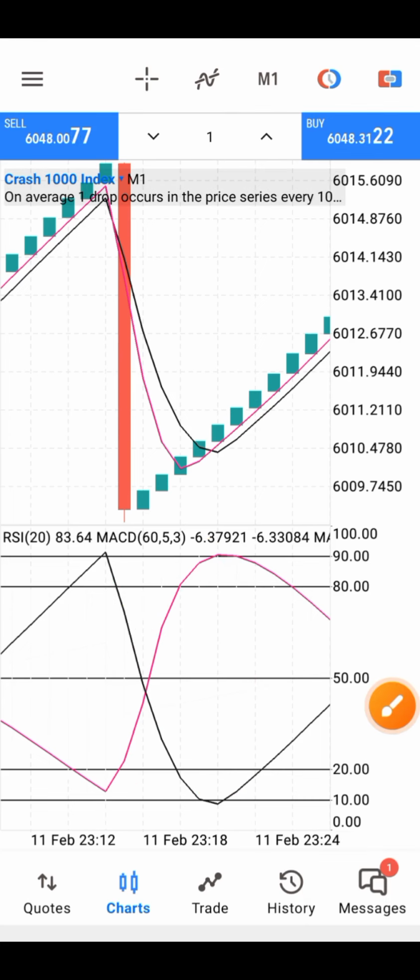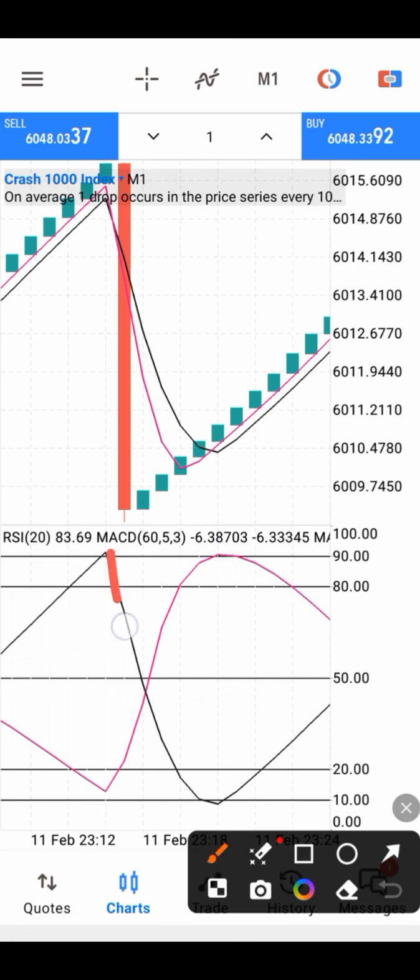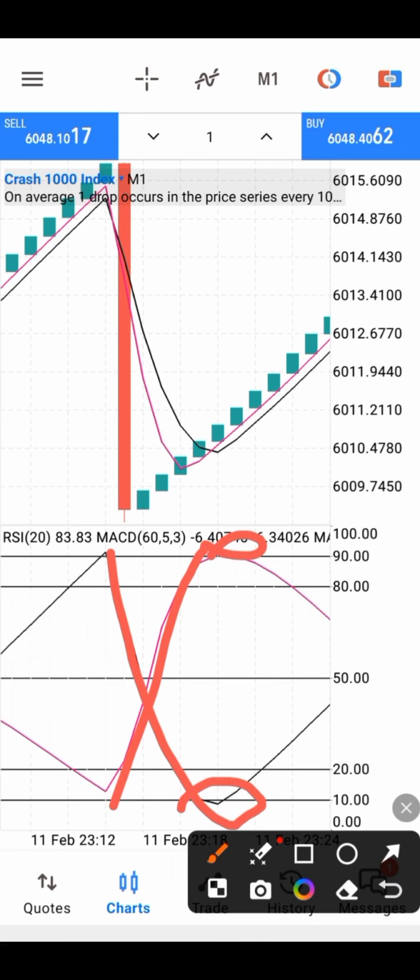Whenever the spike happens and it drags the moving average to level 10 of RSI and drags the MACD to level 90 of RSI, this is not going to happen immediately after the spike.